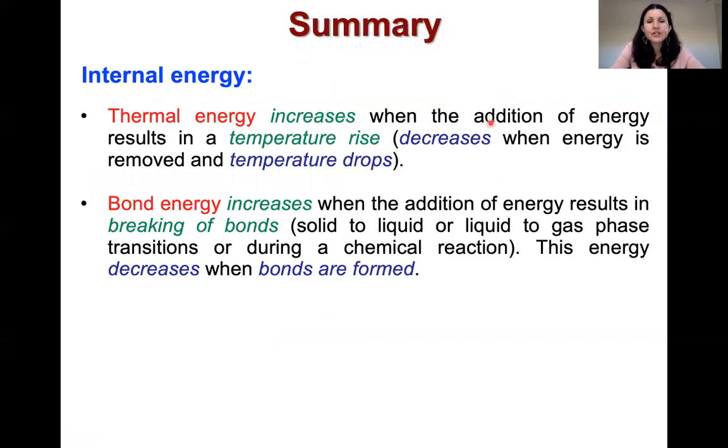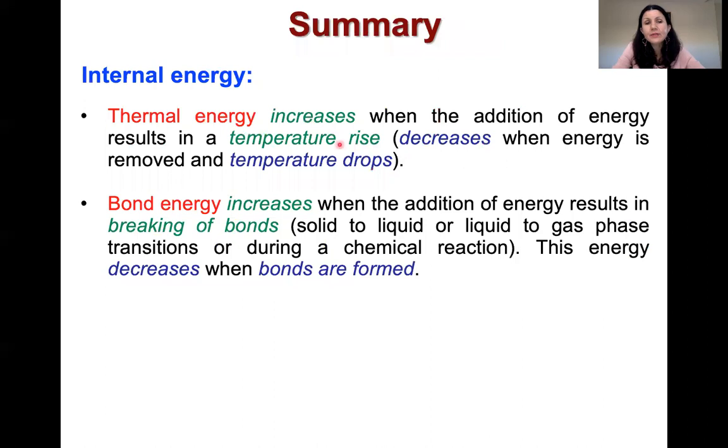Okay, so just to quickly summarize this segment of the lecture, what did we introduce here? We introduced the idea of thermal energy, and thermal energy is something that increases when the addition of energy results in a temperature rise. So whenever you see temperature increasing, you conclude that thermal energy increased as well.